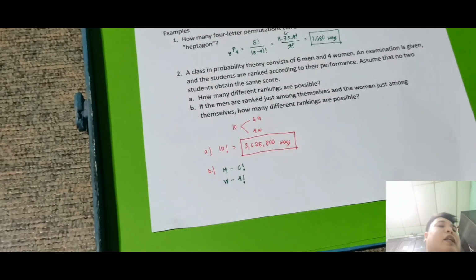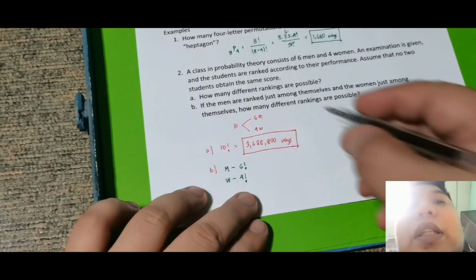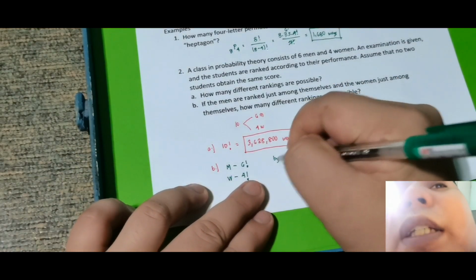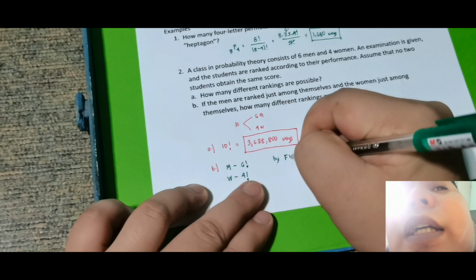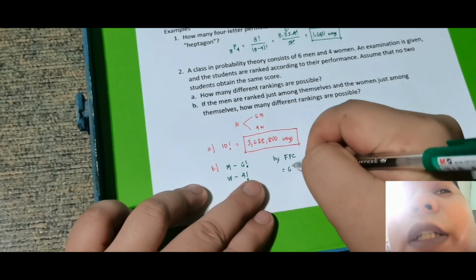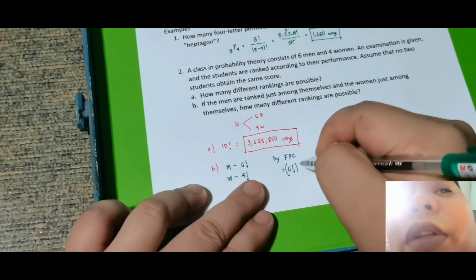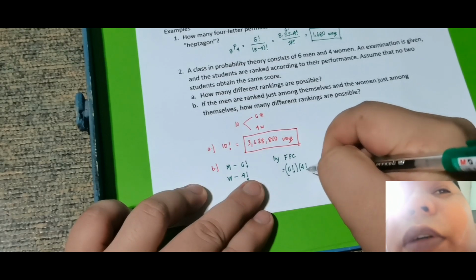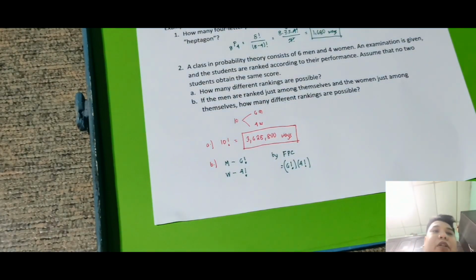Yung event na yung babae lang yung irarank natin is also event. So meaning event 1 and event 2, so that is by FPC, so by fundamental principle of counting. Okay, we have 6 factorial multiplied by 4 factorial. Ganun yung gagawin nyo dyan. Okay, kasi nga iba ng event yung inirank ko yung mga lalaki mismo, tapos inirank ko yung mga babae.